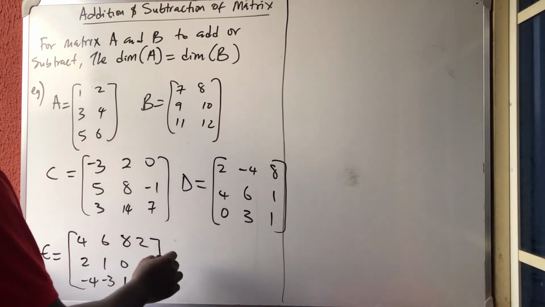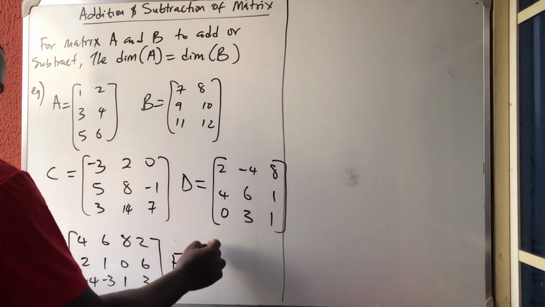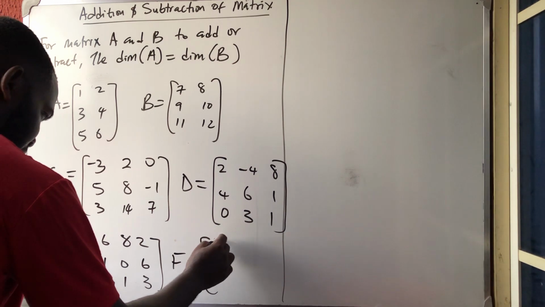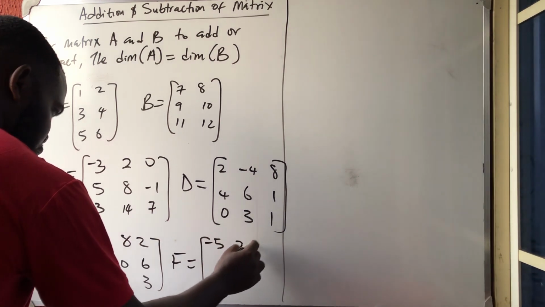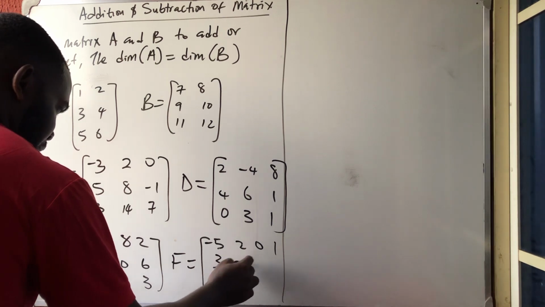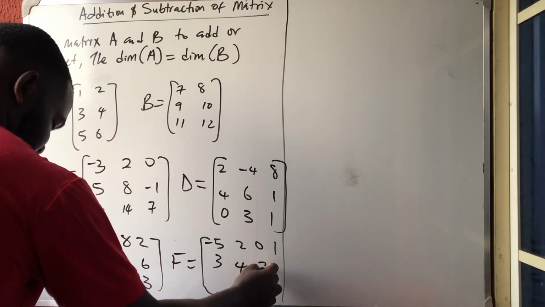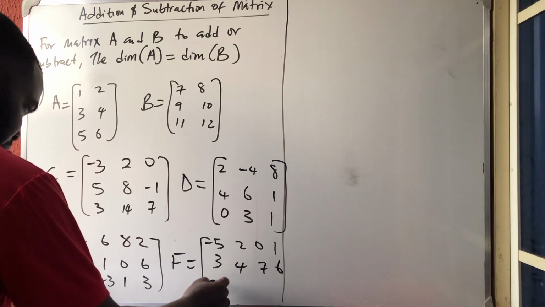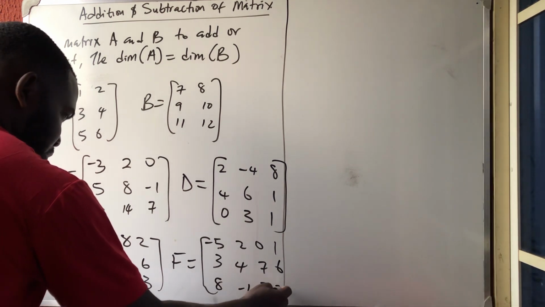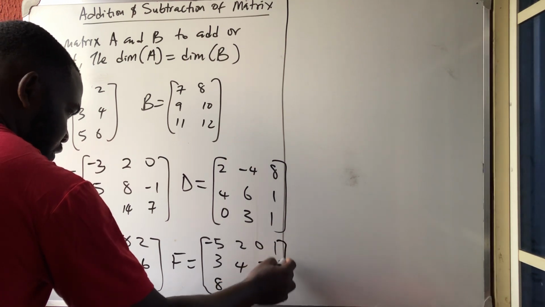Then matrix F is equal to minus 5, 2, 0, 1, 3, 4, 7, 6, 8, minus 1, 3, and 2. Okay, so we have all these matrices.